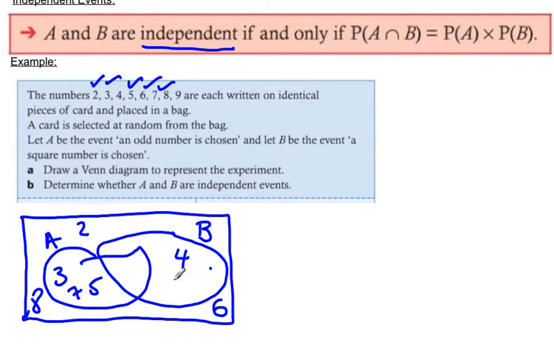And 9 is square but odd. Okay? If necessary, press pause and make sure you know why all these numbers are placed where they are.